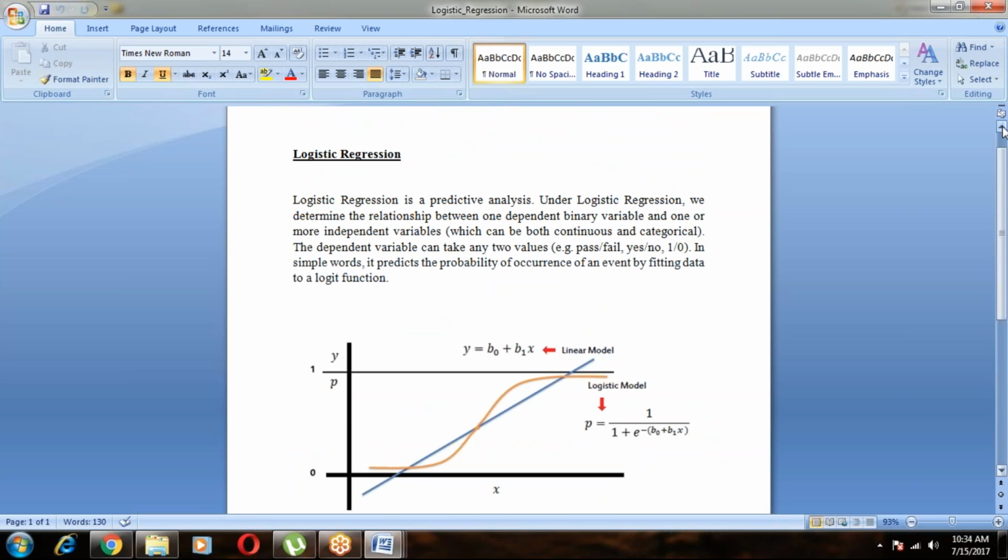So just remember that when your dependent variable is continuous in nature and normally distributed, obviously we develop a linear regression model. When your dependent variable is binomial in nature, 0 or 1, then we develop a logistic regression model.